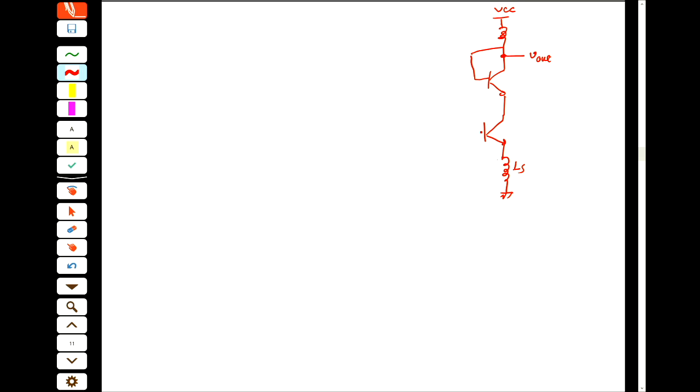I bias this, and I have a biasing here to bias the base of this, and then again we have a source with RS, and then here you need a matching network.